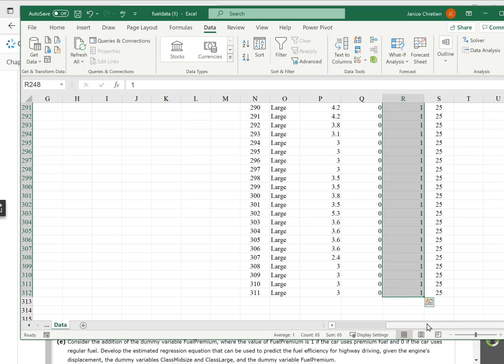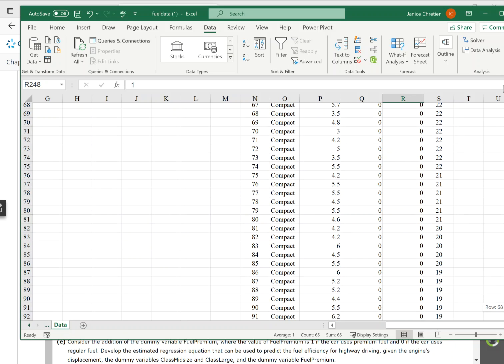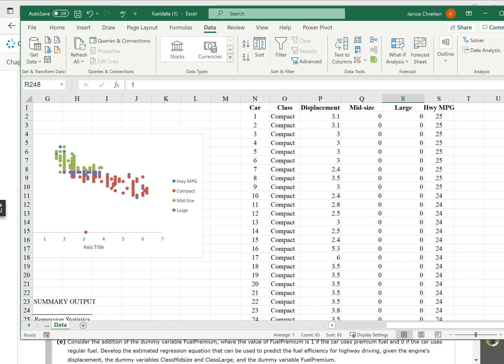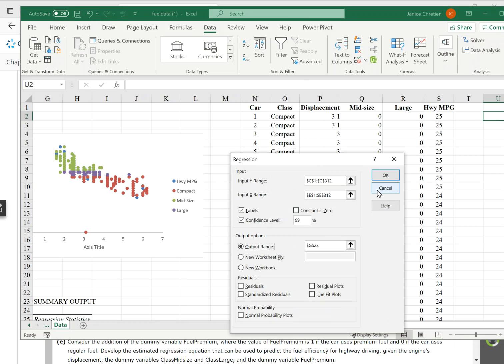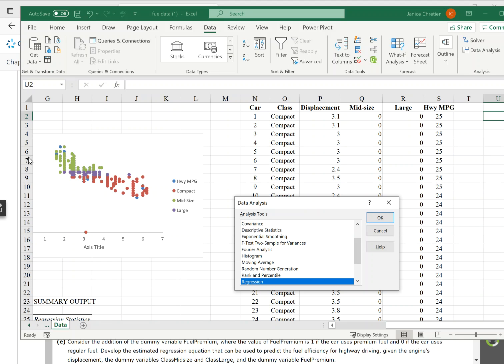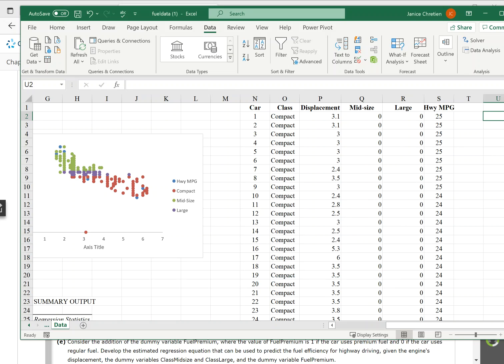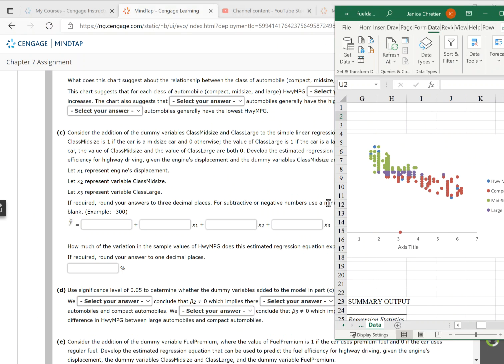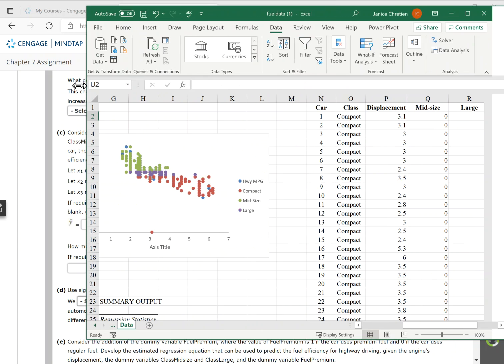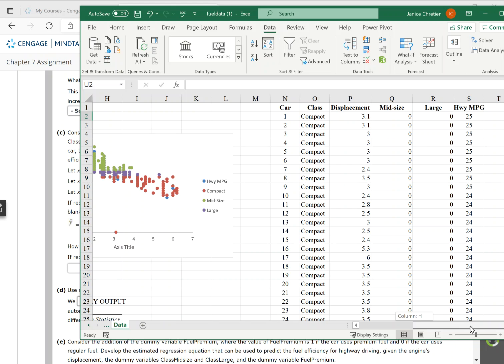Okay, now it wants me to run the regression model for this. So data analyze, regression, and let me go back to our problem. Hold on, let me go back and read this first. Let x1 represent the displacement. So that tells me that my y is going to be my miles per gallon.